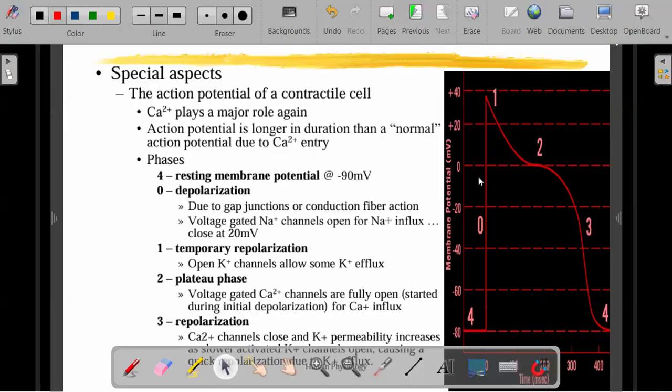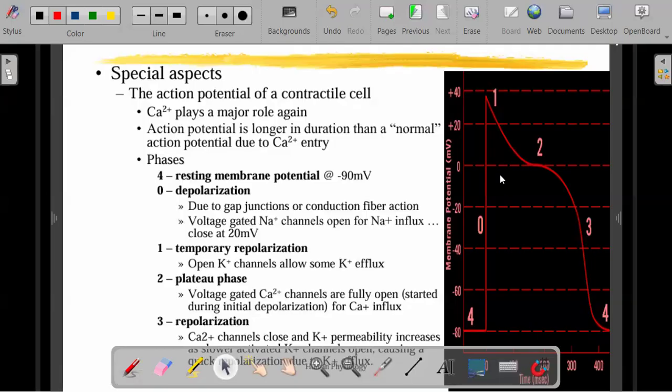Calcium channels open up and calcium starts going into the cell. This phase is unique to the cardiac muscle as compared to the skeletal muscles and the nerve cells.